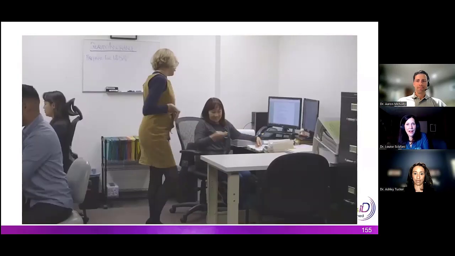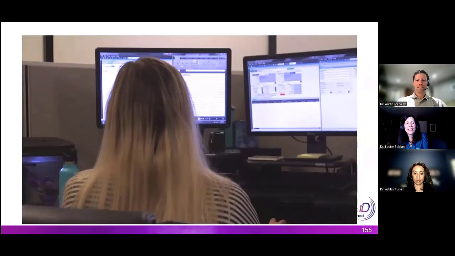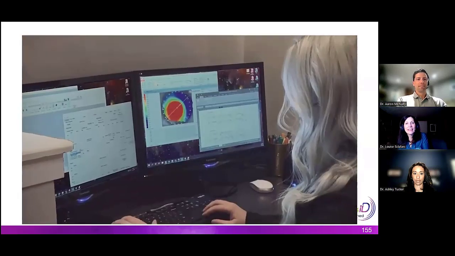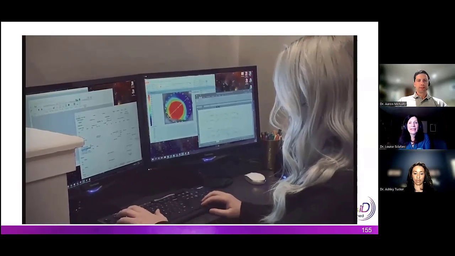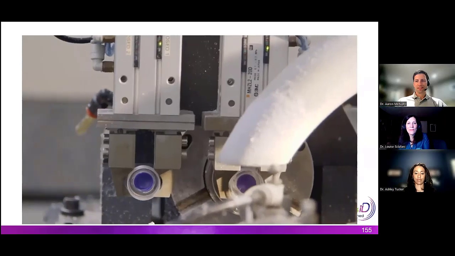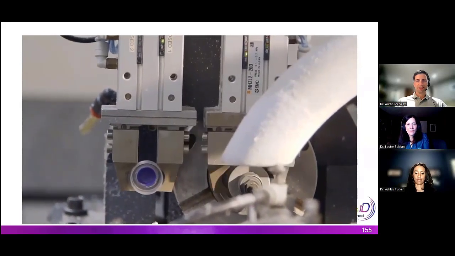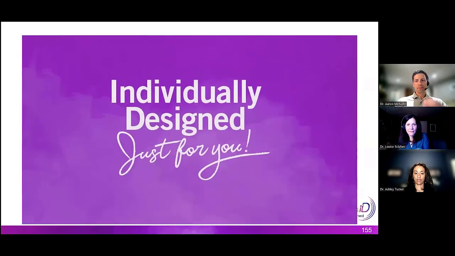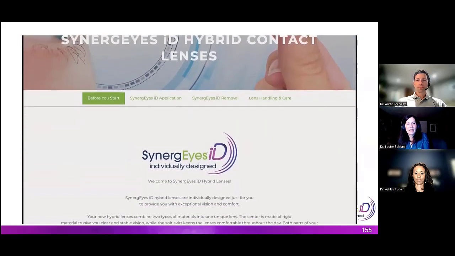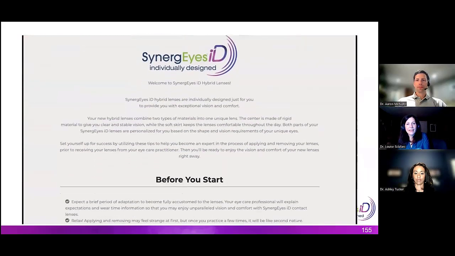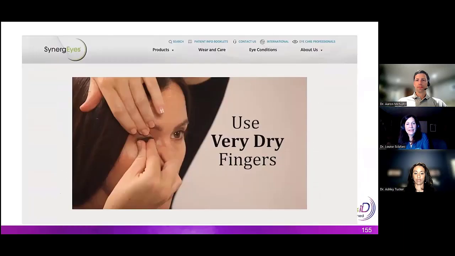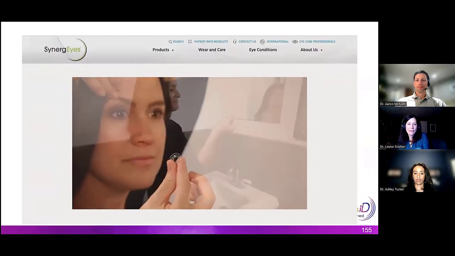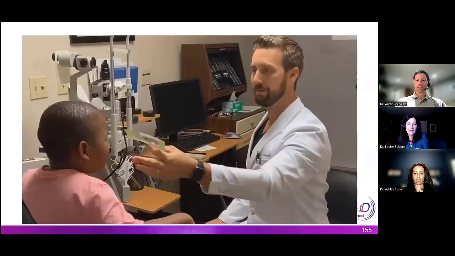With SynergEyes ID, your practice is supported by the technically advanced SynergEyes clinical team, available to assist you as needed at every stage of the fitting process to ensure that a lens is created for your patient that you can confidently say is designed just for you. Your practice efficiencies are then further enhanced with a comprehensive array of SynergEyes tools and information that educate your patients on proper lens application and removal, as well as handling and care.